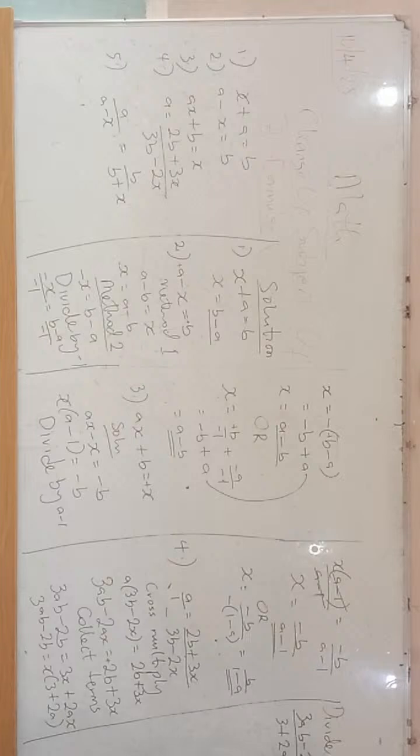That's the reason we divided by 3 plus 2a, so that at this point we cancel out. Then x is equal to 3ab minus 2b over 3 plus 2a. You can leave your answer like this.